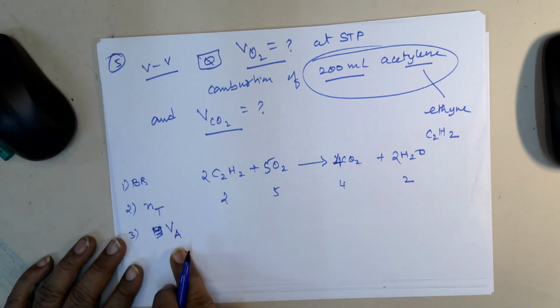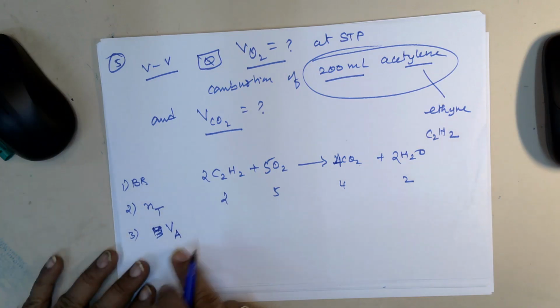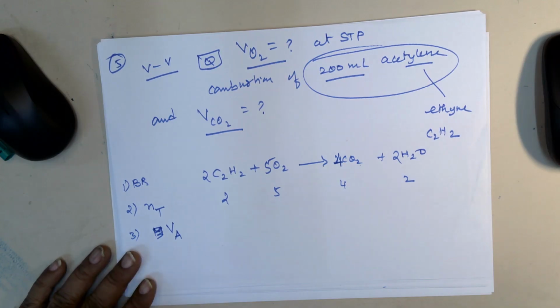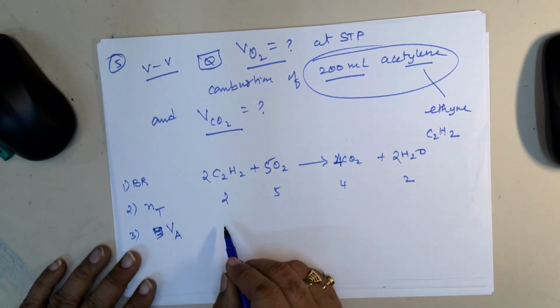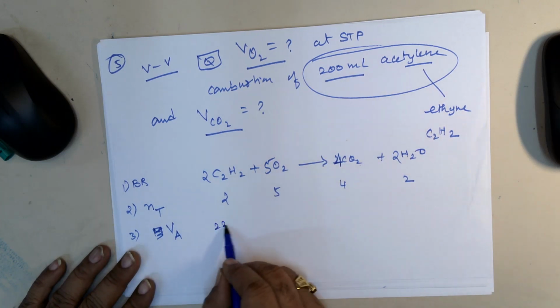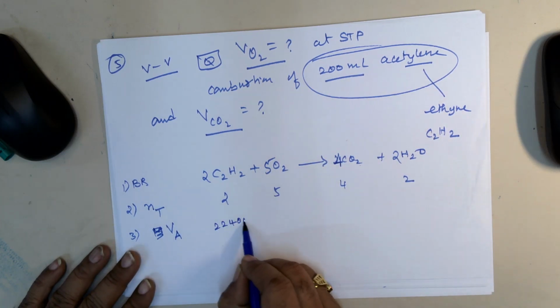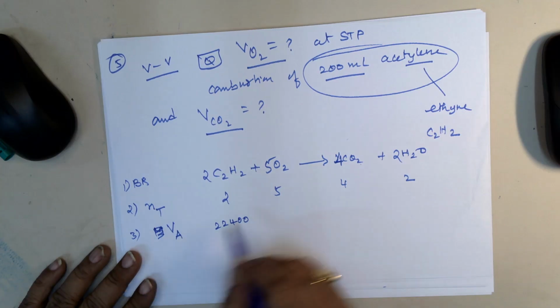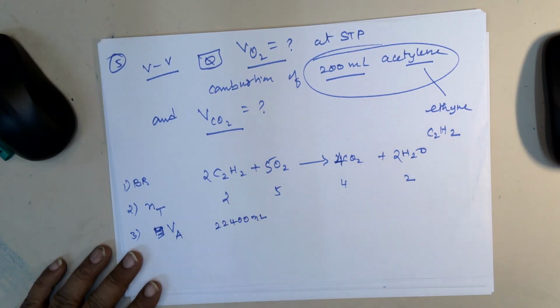So what is Avogadro's volume? Avogadro's volume means 22.4 liter. This is given in ml, so we can convert this also: 22,400 ml. Right? This is Avogadro's volume.